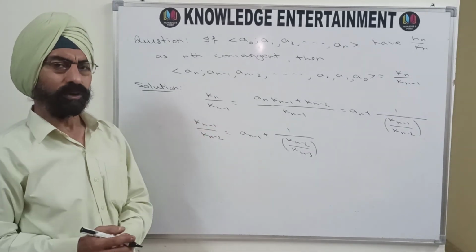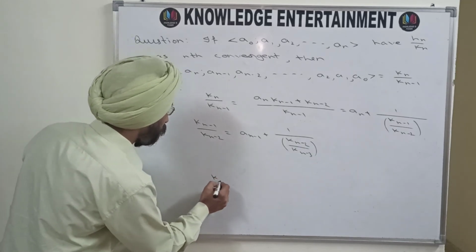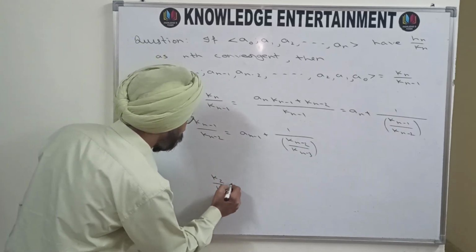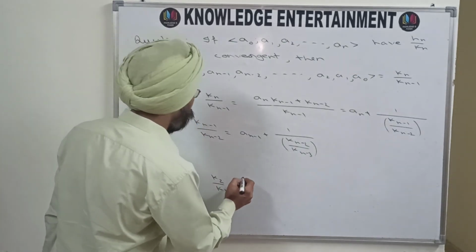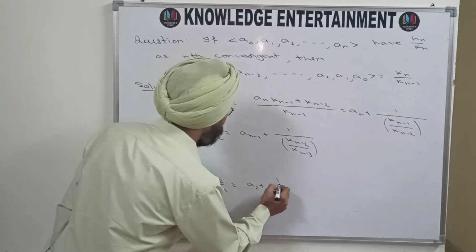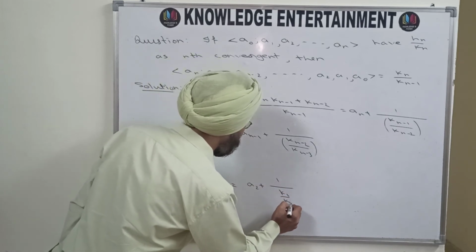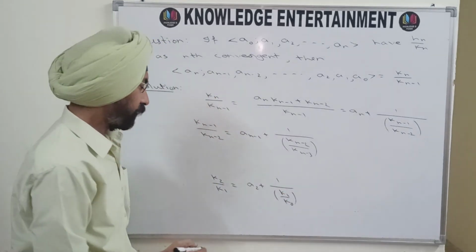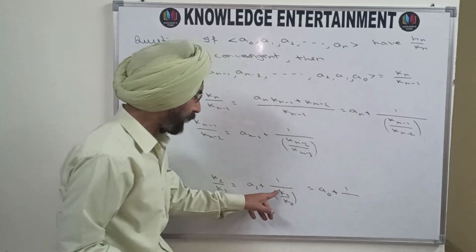Continue this step. At some stage you will get k_2 upon k_1 is equal to a_2 plus 1 upon k_1 upon k_0.